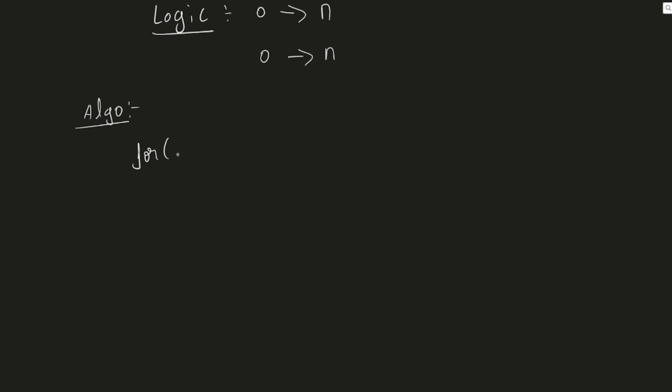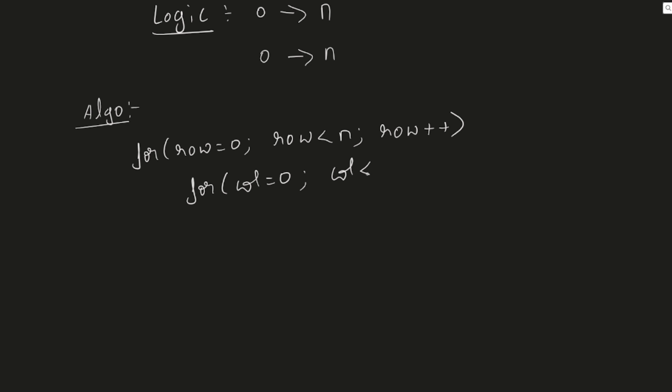So the algorithm for this is: for row equals 0, row less than n, row plus plus. And inside the outer loop, that is inside the row loop, we will have a column loop. Column starts from 0 again, goes till n, and gets incremented after every iteration.